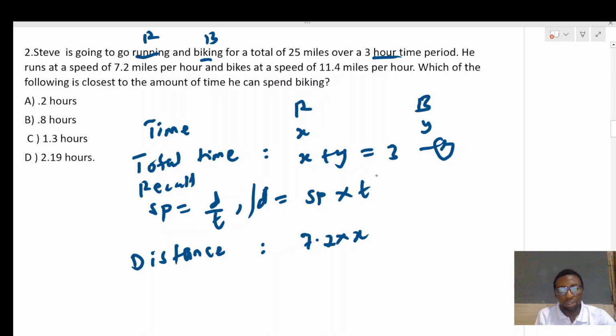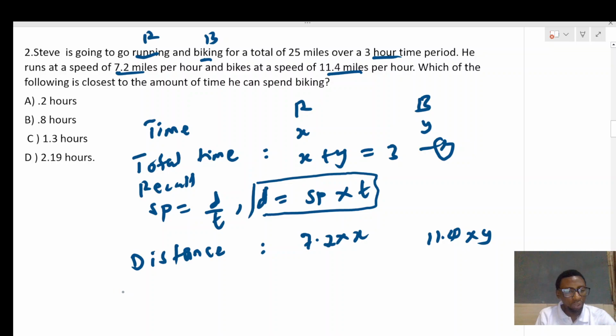Distance is speed times time. So what is the speed for biking? Speed for biking is 11.4. So the speed for biking is 11.4. Using distance equals speed times time, 11.4 times time. So what's the time for biking? It's actually y. So let's take our total distance.